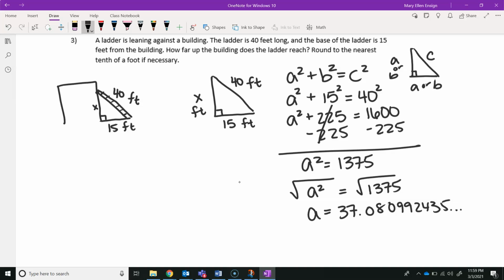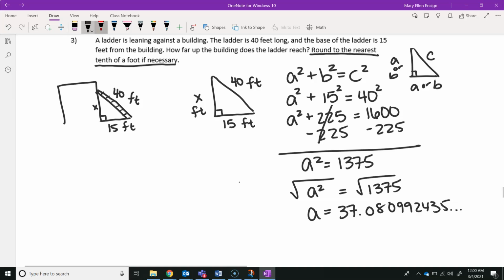So you will never get something like 4.75, though you might round it to that if that's what it asks you to do. It's either going to be an integer like 8, or it's going to be a number that goes on forever. So notice up here it said round to the nearest tenth of a foot if necessary. So if necessary means if it's an irrational number, which it is.